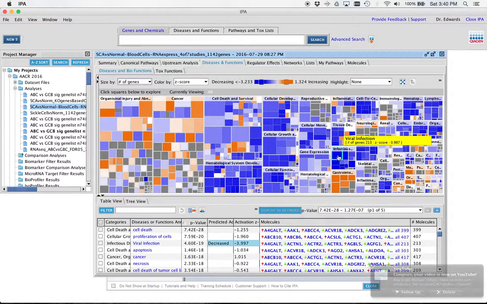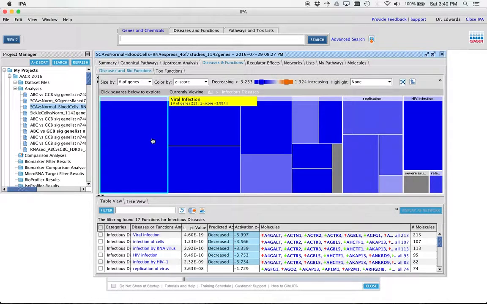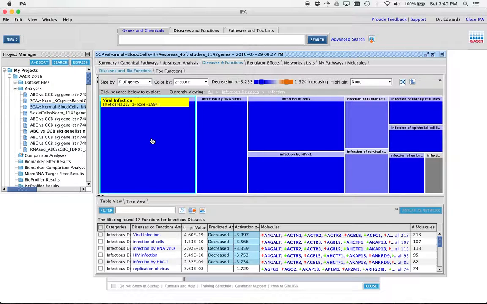In this fairly large box here, out of the genes that we put in, we have 213 that are known to be associated with viral infection. And I can click on this box to bring up those lists.